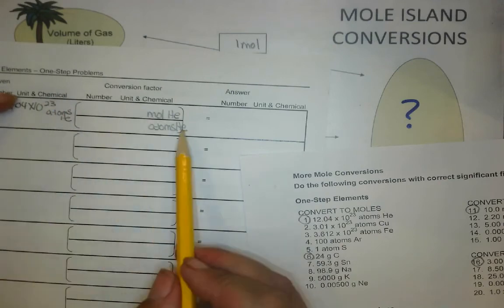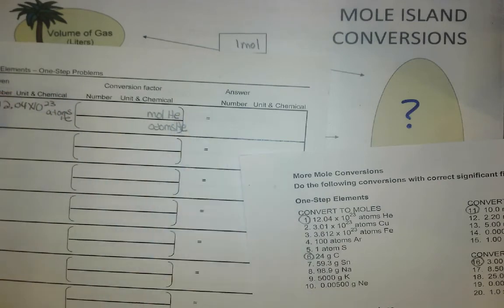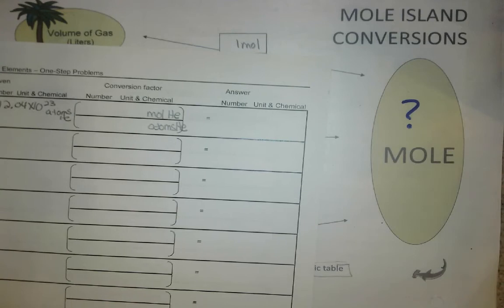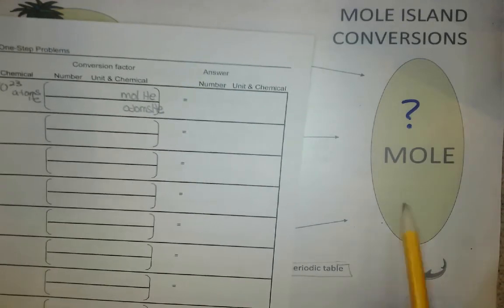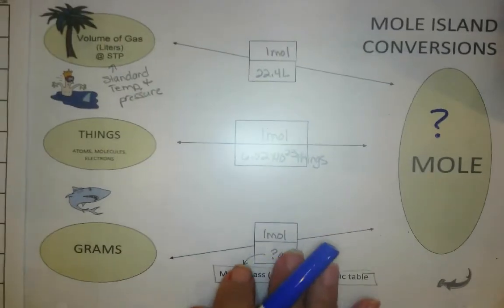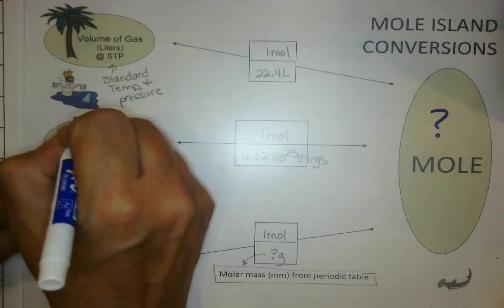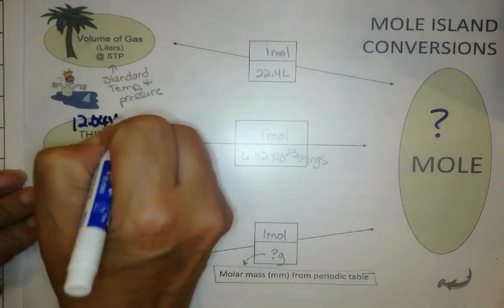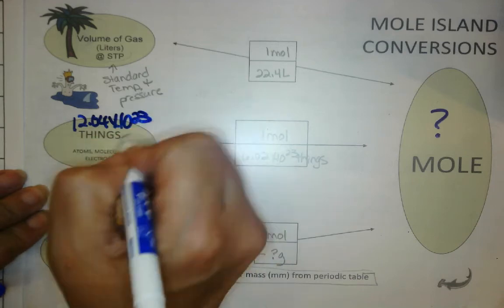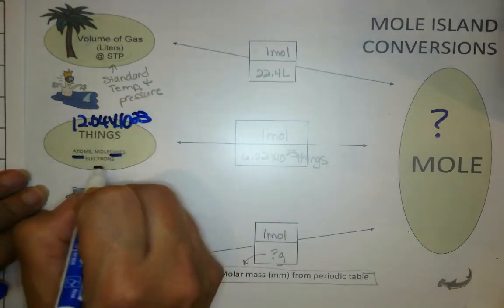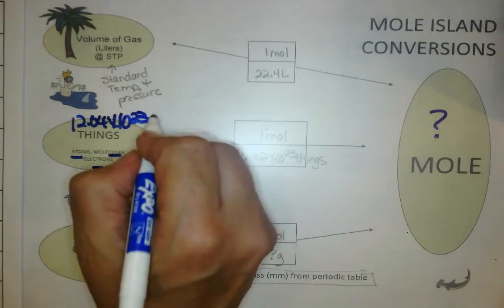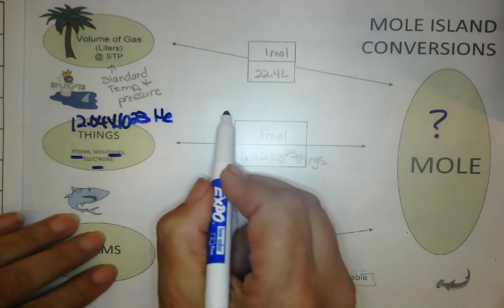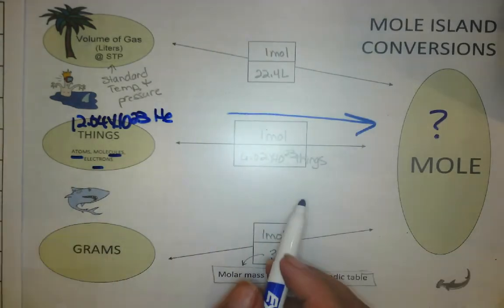You write your given, get rid of your given units, and go to the units that you want to go to. So what do I plug in here? Well, I am given 12.04 times 10 to the 23rd atoms of helium, and I want to go here, okay?